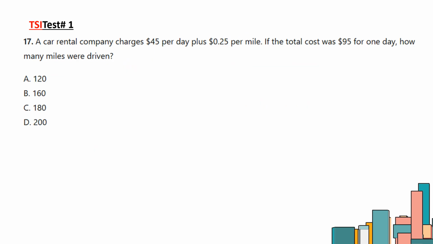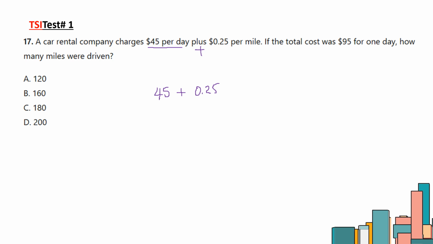A car rental company charged $45 per day plus 25 cents per mile. If the total cost was $95 for one day, how many miles were driven? First of all, we have $45 per day, so we write that down, and then we add 0.25 per mile.